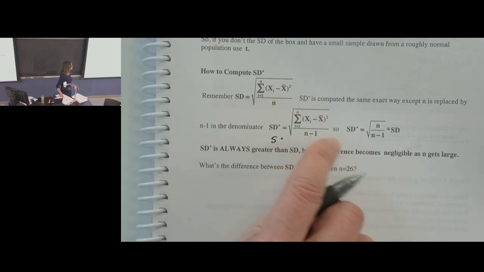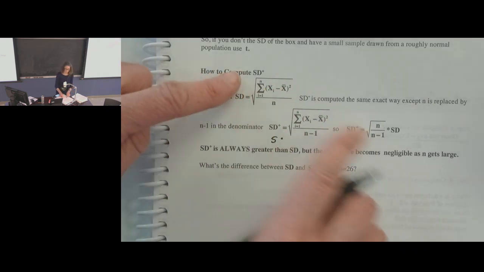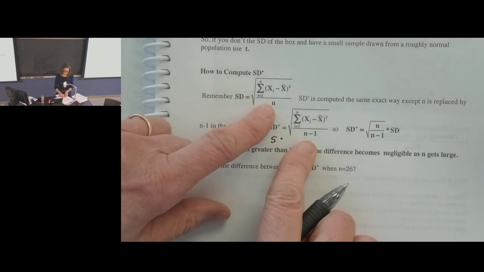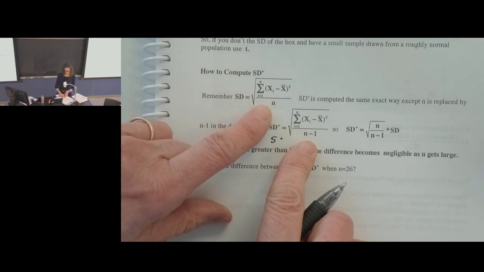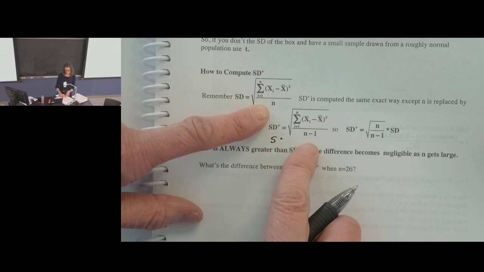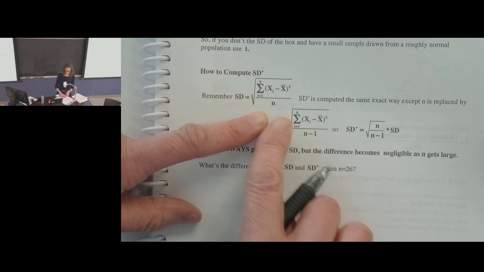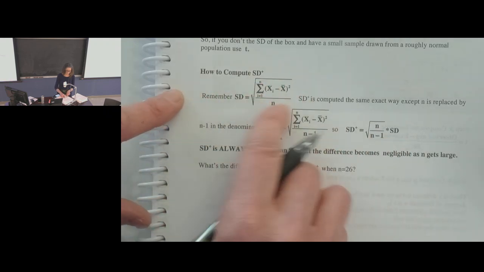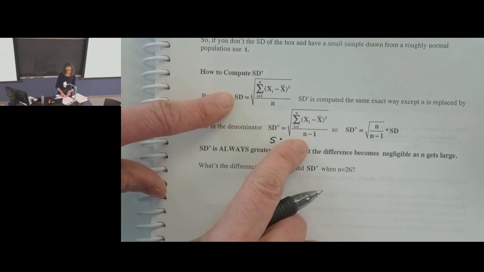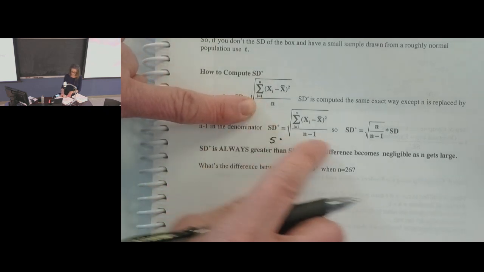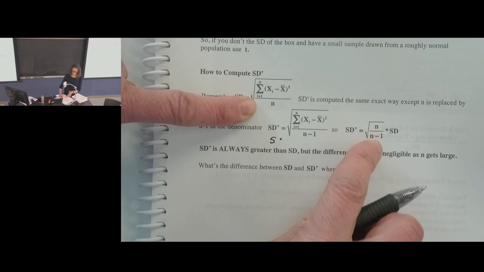But let's say you just had SD. If you want to go back and forth between the two of them, they just differ. Look at this. The SD is divided by n, and the SD plus, or S, a little bit bigger, is divided by n minus 1. So if you had SD and wanted to change it to SD plus, you'd multiply by the square root of n.